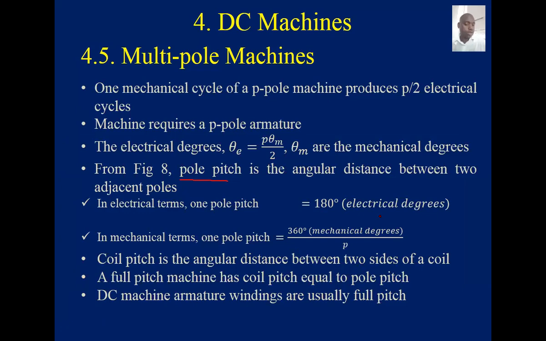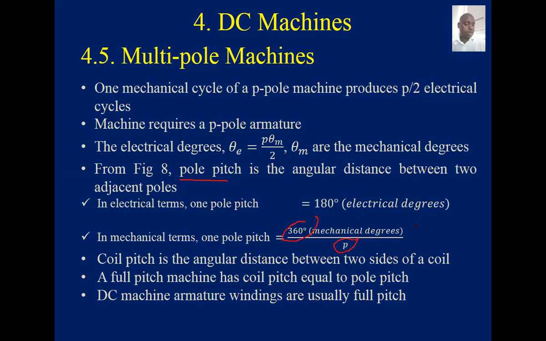So pole pitch in electrical terms is always 180 electrical degrees, because in electrical terms, when you move from one north pole to the other, you're going through 180 degrees. In mechanical terms, one pole pitch will be 360 mechanical degrees over P, where P will be the number of poles.